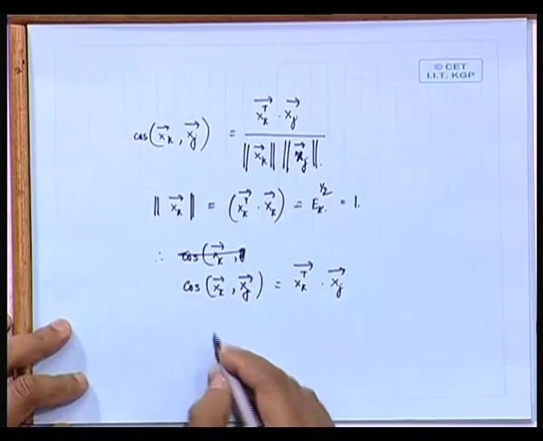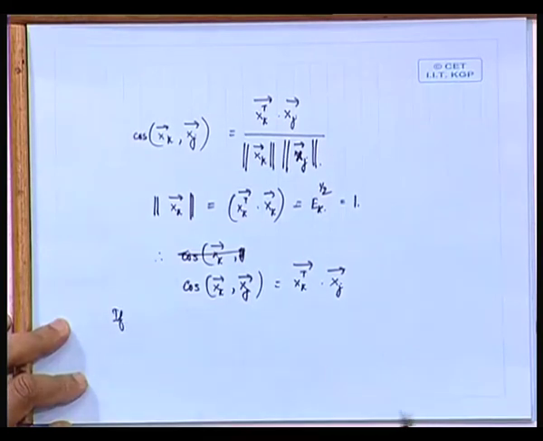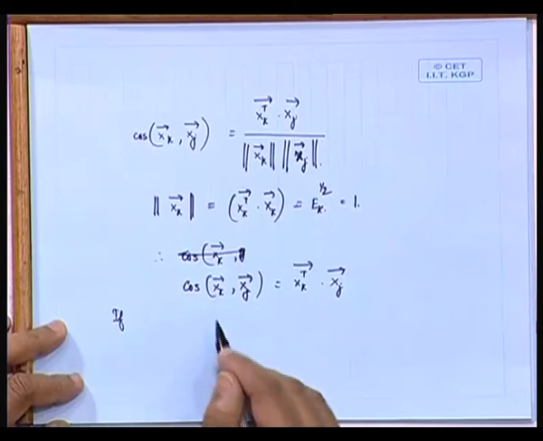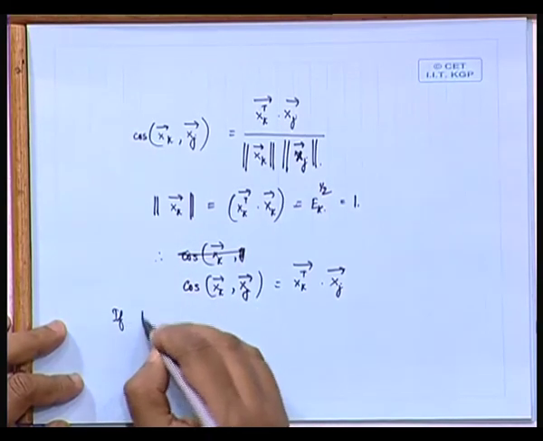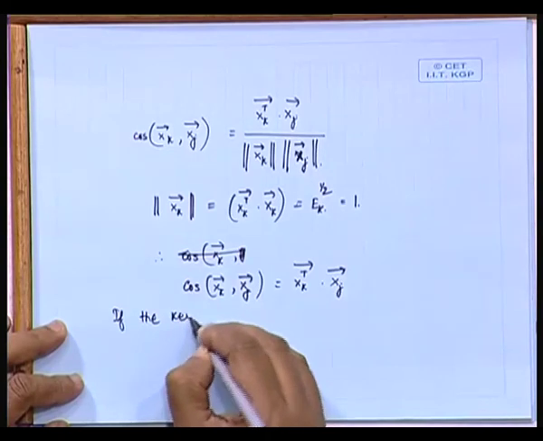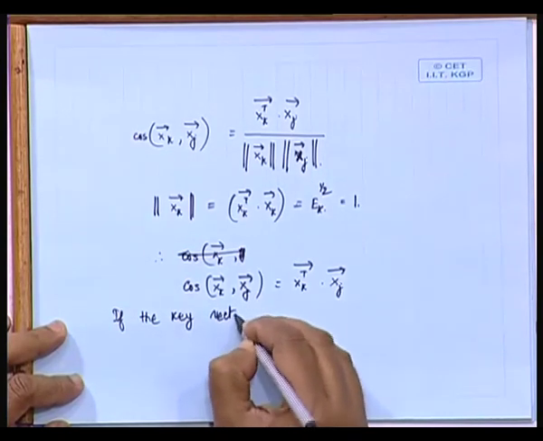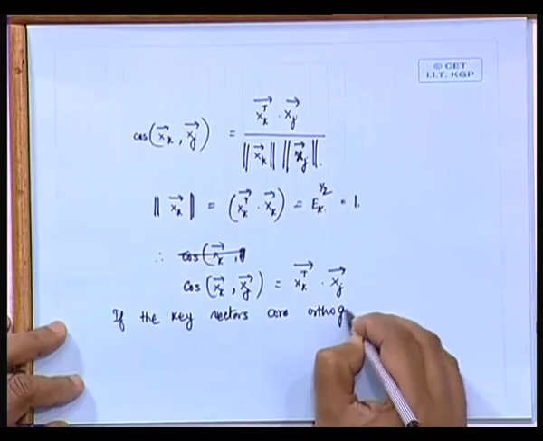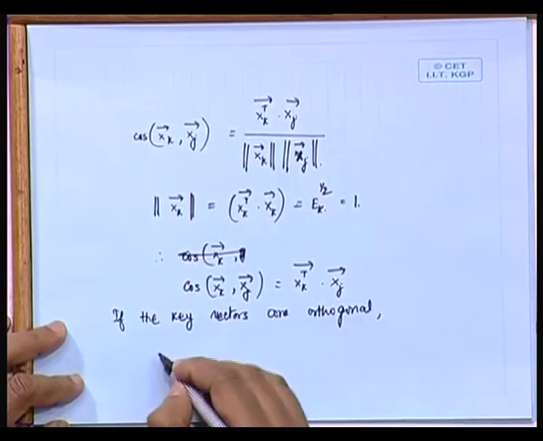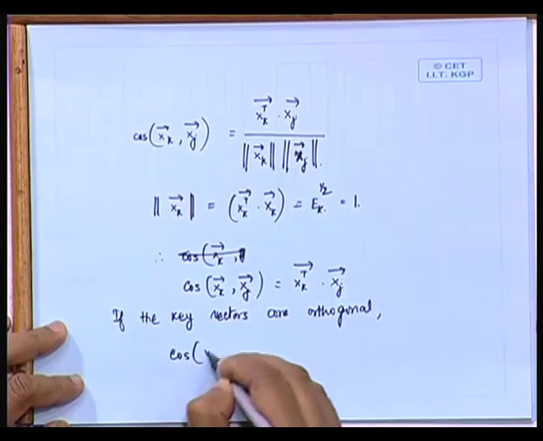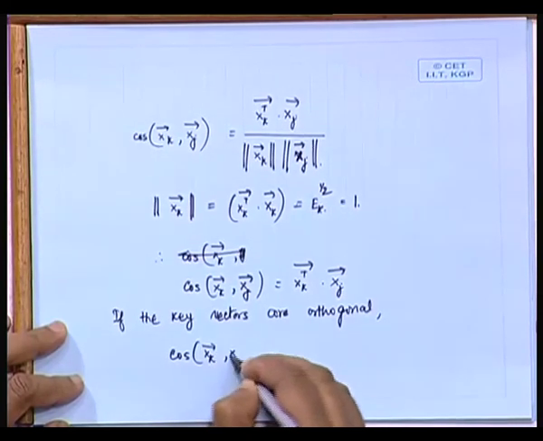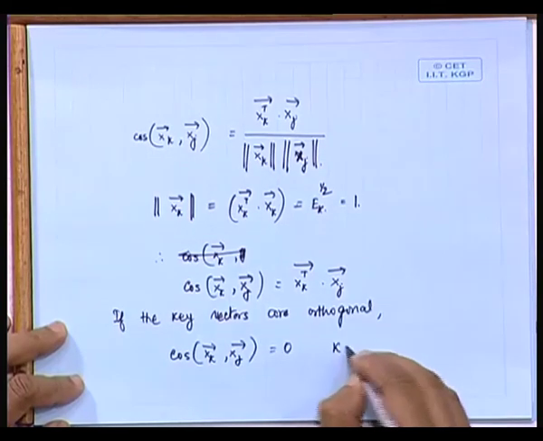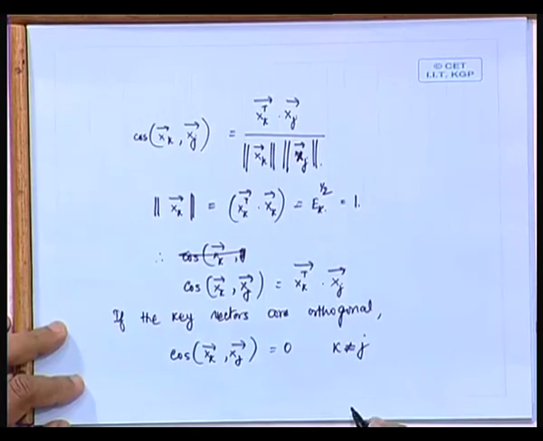So, if the key vectors are orthogonal, and we are calling these x vectors the key vectors, in that case we can certainly write cosine of x k comma x j equal to 0 for k not equal to j.